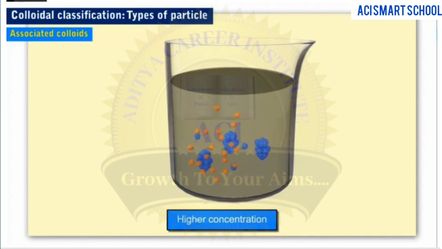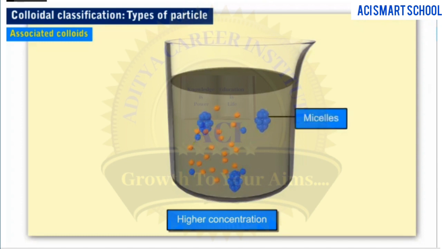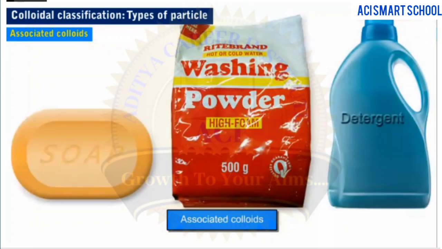The colloidal behavior is due to the formation of aggregates of small particles. Such aggregated particles are called micelles, and the colloid thus formed is called an aggregated or associated colloid. Surface active agents like soaps and detergents are examples of associated colloids.